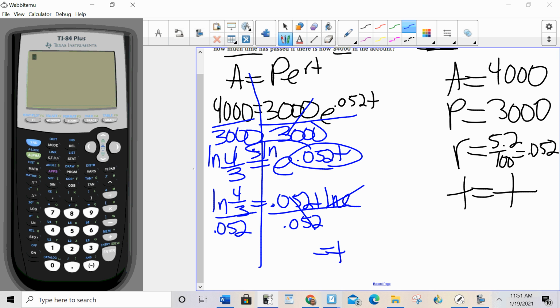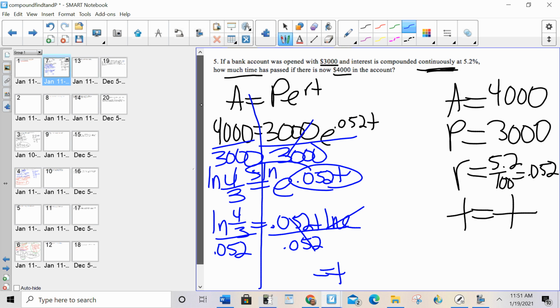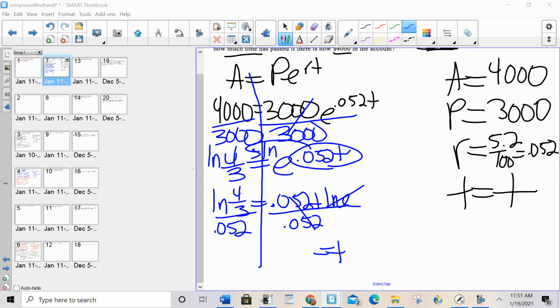I'm going to alpha y equals enter ln 4/3 over 0.052. How much time has passed? Again, I didn't specify what to round to. That's my mistake. I should have told you what to round to. So we'll just assume we want the nearest year, and let's say 6 years.